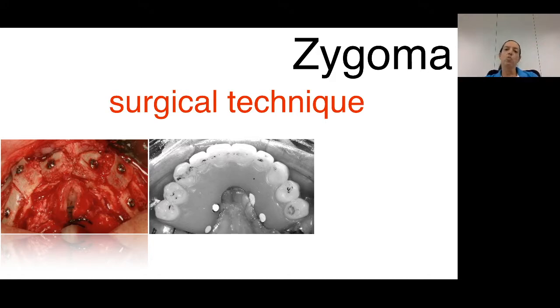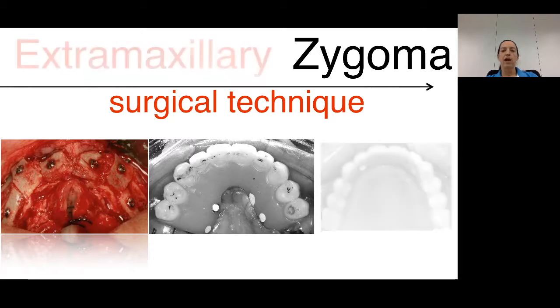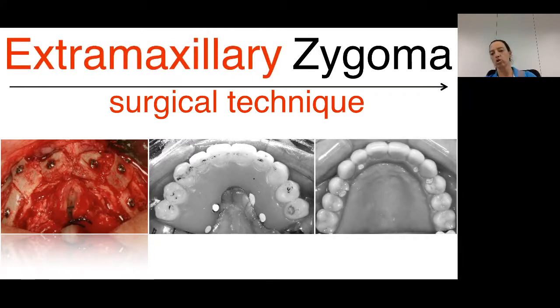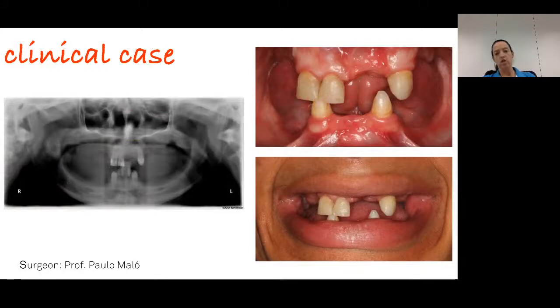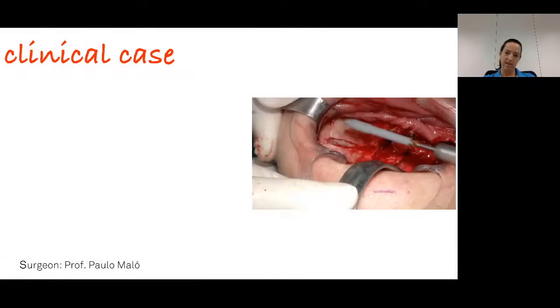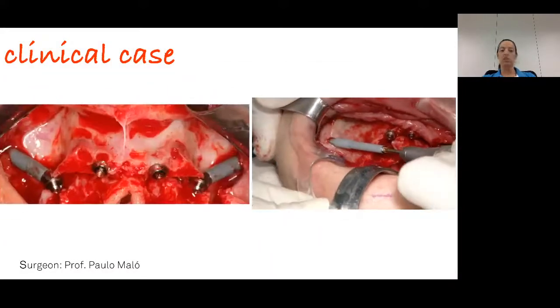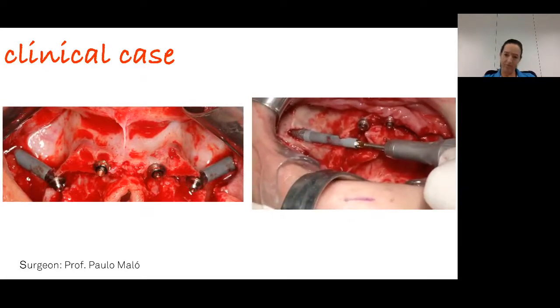But after that, we decided that with an extramaxillary approach of this technique, we would be able to come more onto the crest of the patient. So there was a development in that aspect. You can see this was one of the cases. You can see what I am talking about.